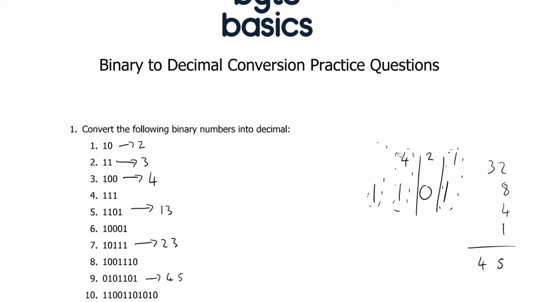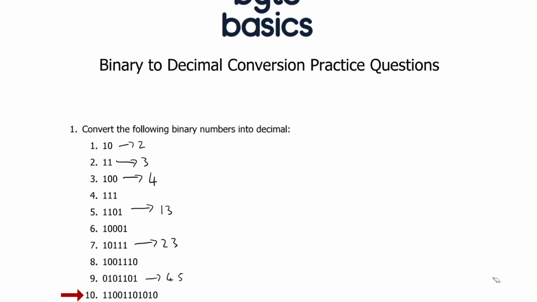Right, now let's do part 10, which is the longest one we have here. So let's make sure I write this down right. So we have 1, 1, 0, 0, 1, 1, 0, 1, 0, 1, 0. Just count: 1, 2, 3, 4, 5, 6, 7, 8, 9, 10, 11. Right.